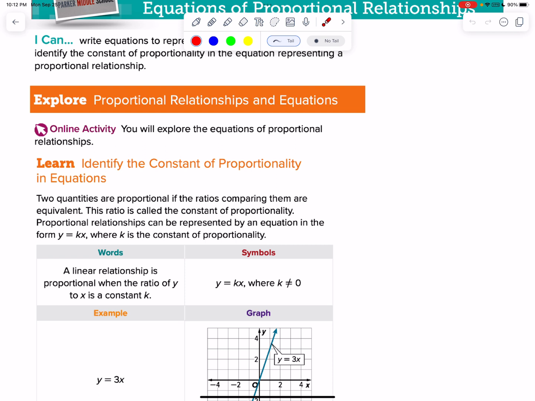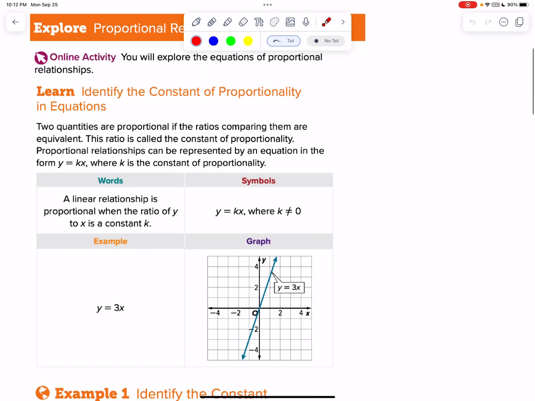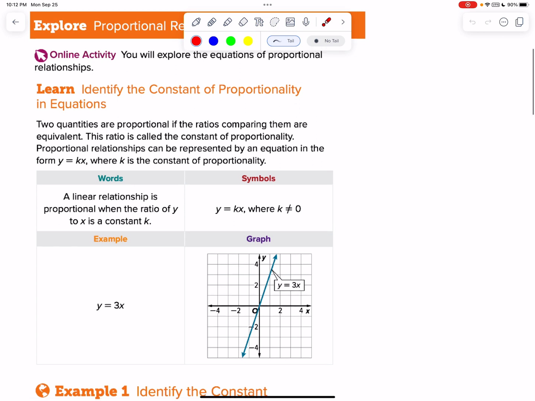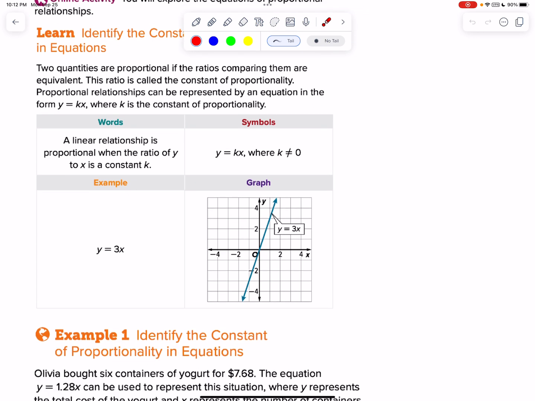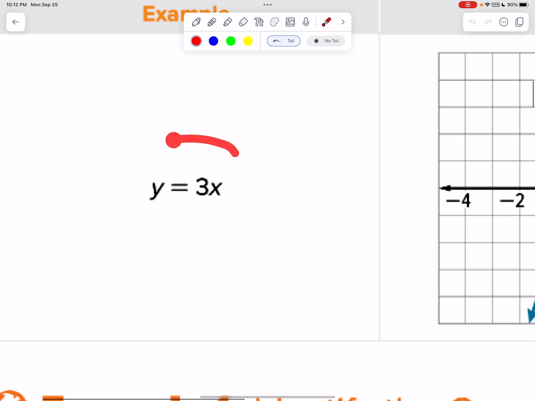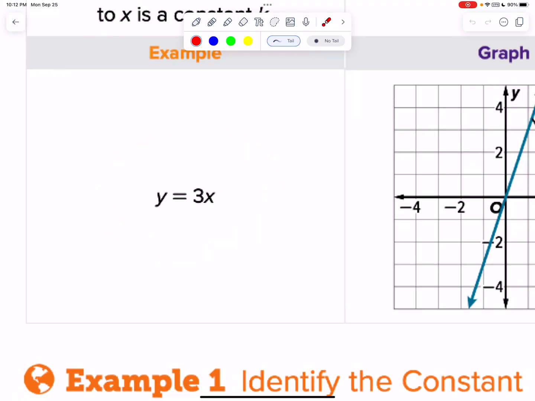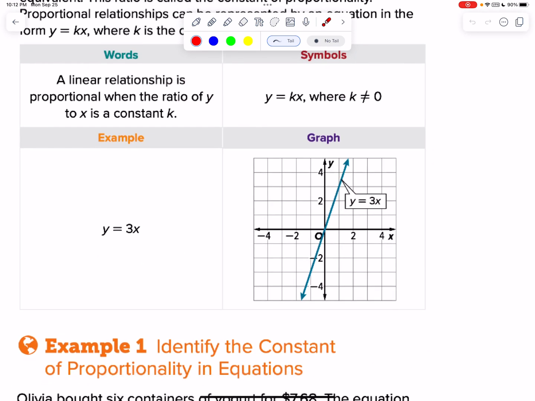Basically, every proportional relationship can be graphed, and you can represent that proportional situation with a specific formula. That formula looks like y equals, and then whatever the COP is, times x.